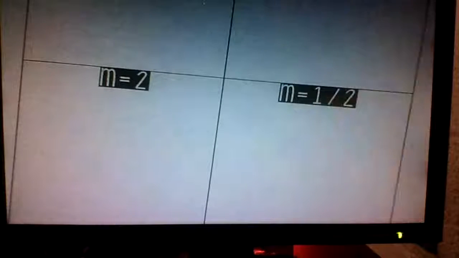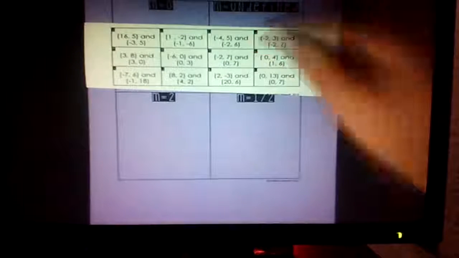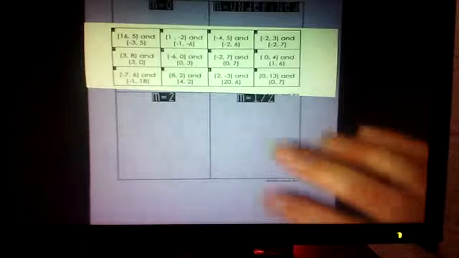Okay. Listen, because I'm only going to say this once. You are getting this sheet as well as this sheet. There are 12 problems.